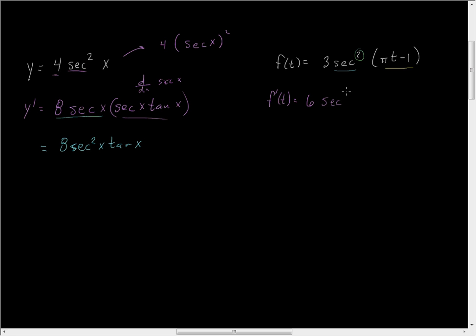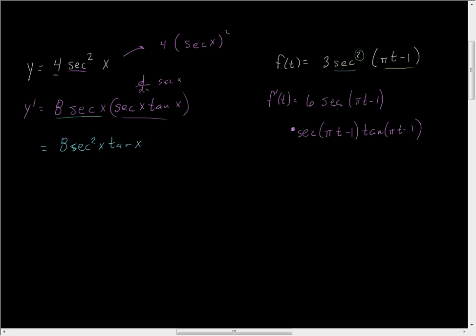So that's pi t minus 1 times the derivative of what's inside times the derivative of secant, which is in fact secant tangent. Secant x, or pi t minus 1 tangent pi t minus 1.